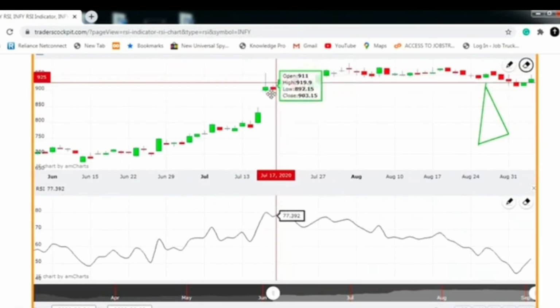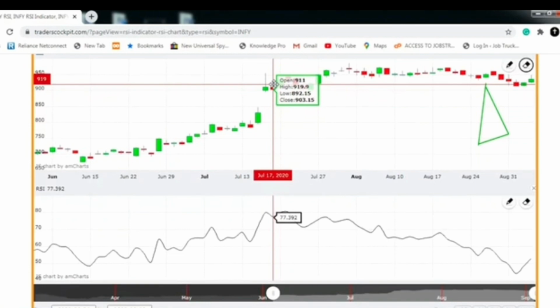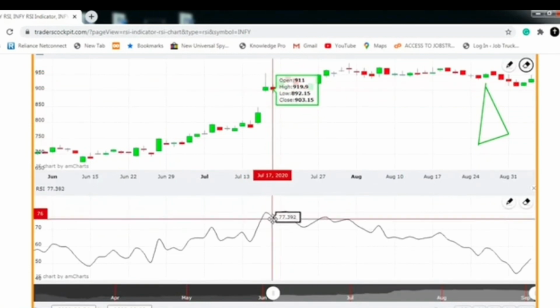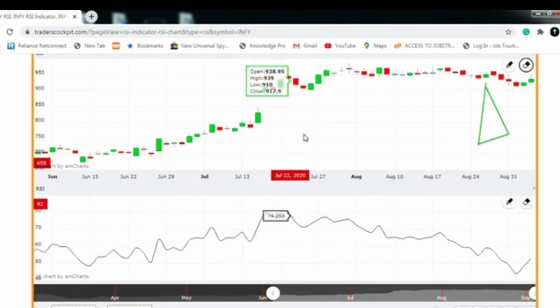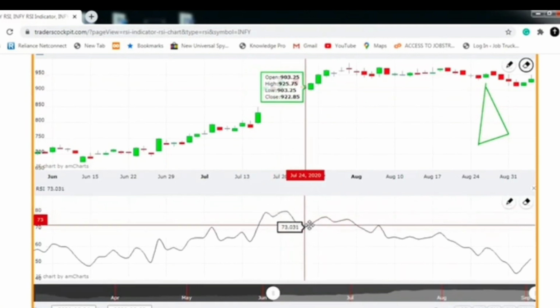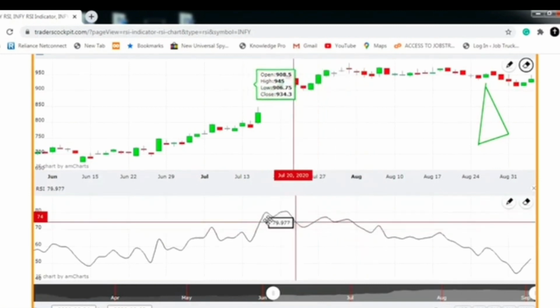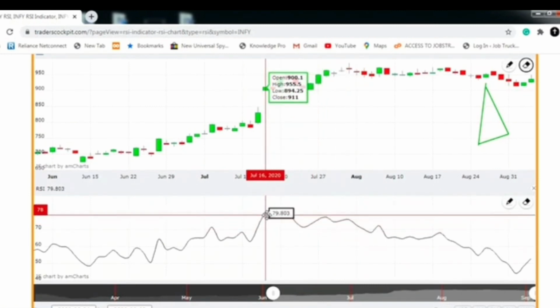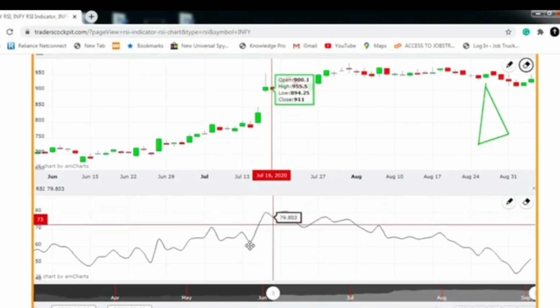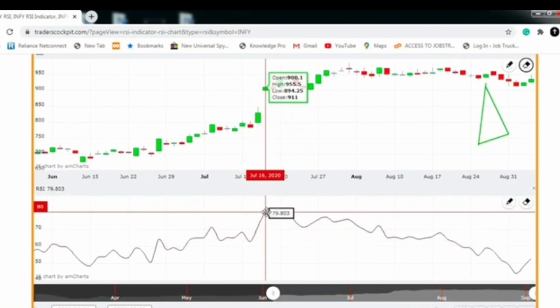So here what we can see is that after July 16 the RSI value decreased. There was a turnaround. If there is a turnaround, you can trust it 90% that there will be a bearish move. So you can see on July 17 it was a bearish exit and you see a red candle there.